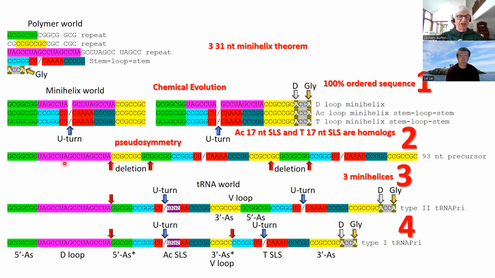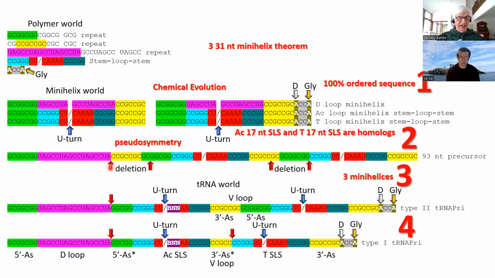This becomes the D loop, anticodon loop, and T loop. So you string these all together like that. If you process here, here, and there, you get more mini-helices. So this is a mechanism to replicate mini-helices.